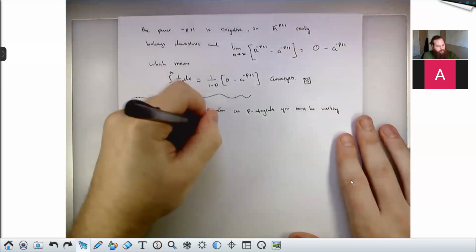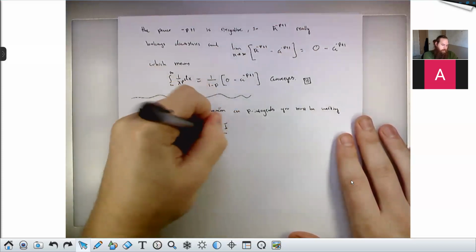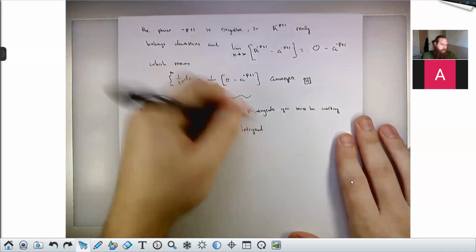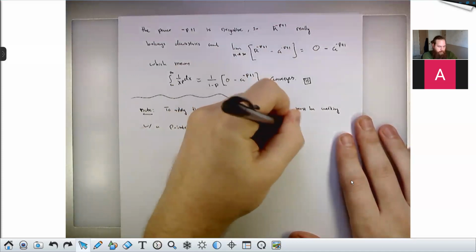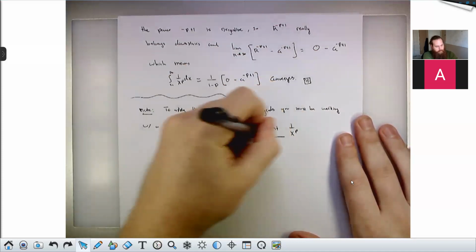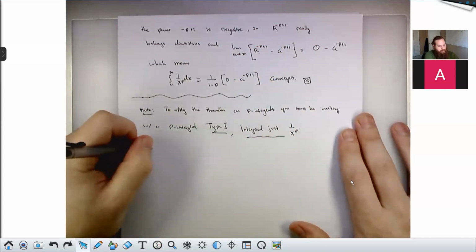That means the integrand first must be type 1, and the integrand can only be 1 over x to the p. So don't try to apply the theorem on p integrals to anything other than p integrals.